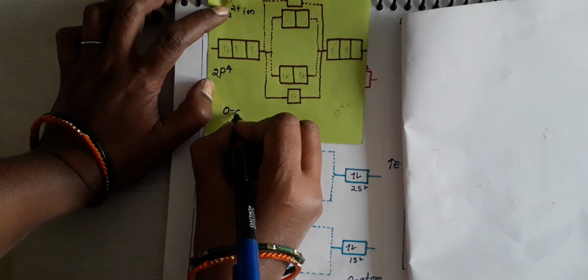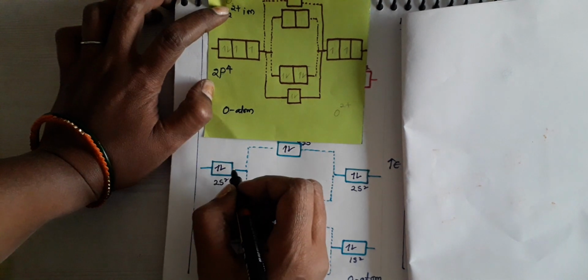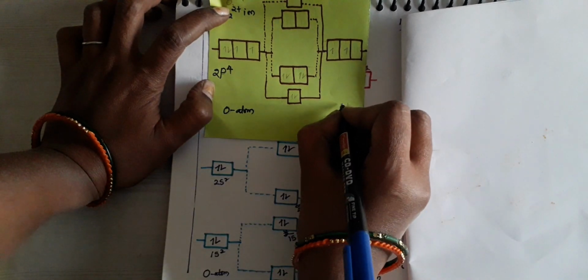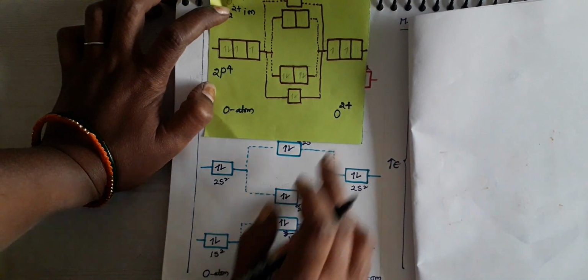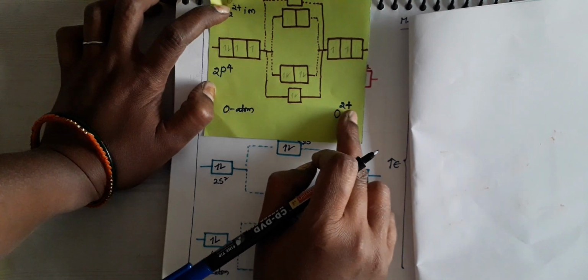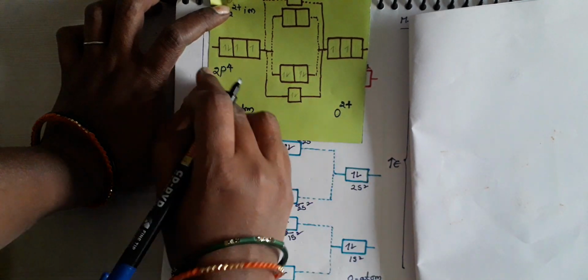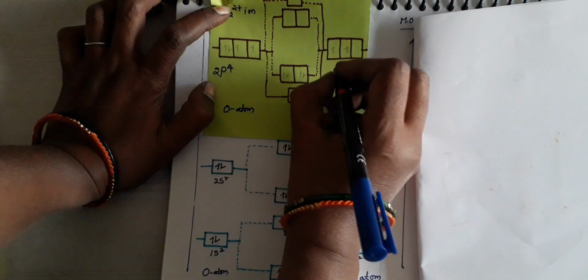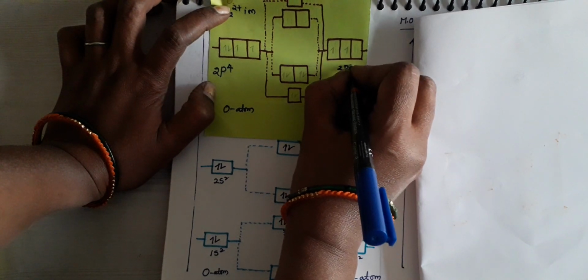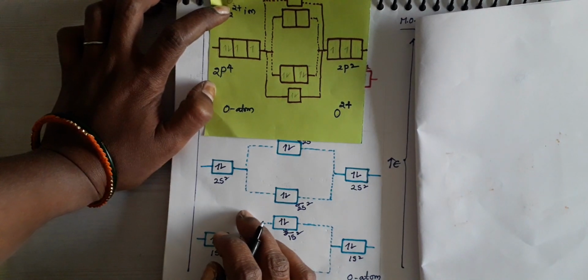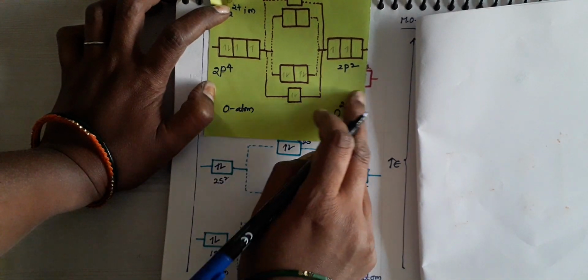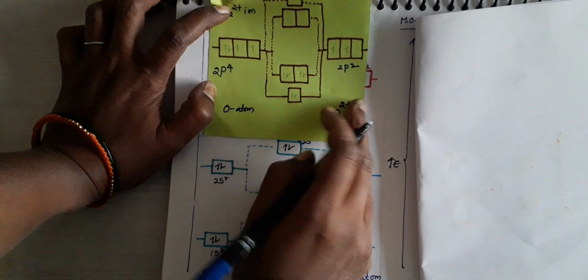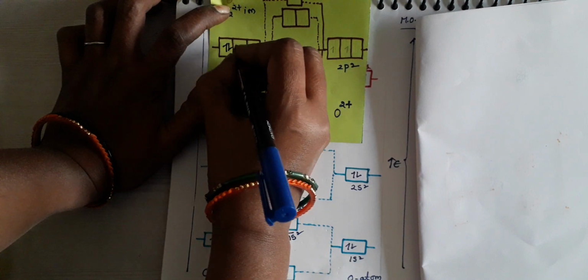This oxygen will lose its 2 electrons, due to that reason here I wrote 2 plus. Here it is 2p4, and here it is 2p2 only. Here 4 electrons are present, here 2 electrons. Why? Because here 2 are already lost. So you write like this.